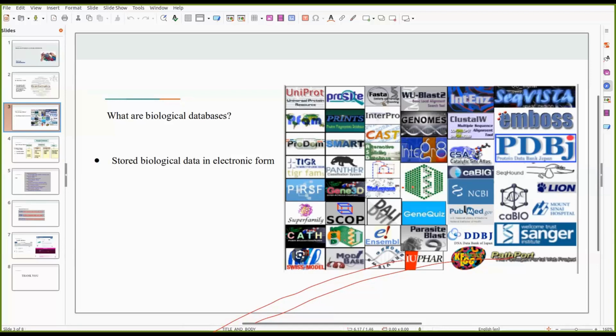FASTA is also a format where you have the sequence of DNA and protein. Genomes is majorly for genes, BLAST is for sequence alignment. If you don't have the protein structure crystallized yet, then you need to do homology modeling or protein tertiary structure prediction.